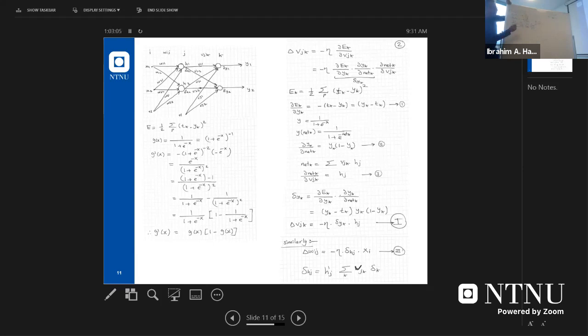So now we need to find first partial e by partial w. It's easy, right? What is partial e by partial y? Can you take the first derivative? It will be 2 times half, which is 1.